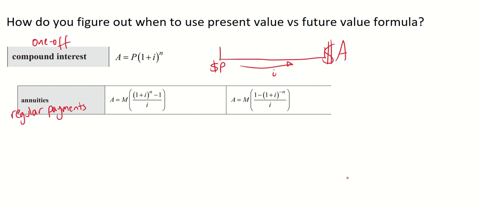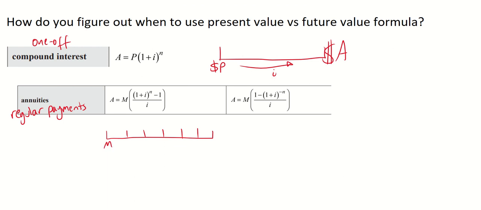The annuity scenarios are a bit more interesting. This first annuity has a positive power, so you can think of it as the one where we're trying to grow our money. So over this period of time, we're going to make a bunch of payments, M, into our savings account.